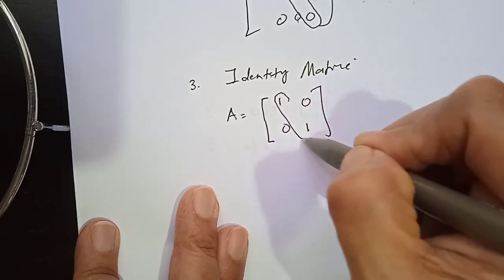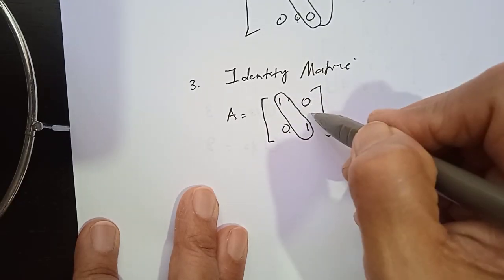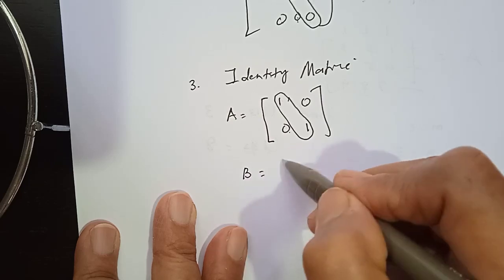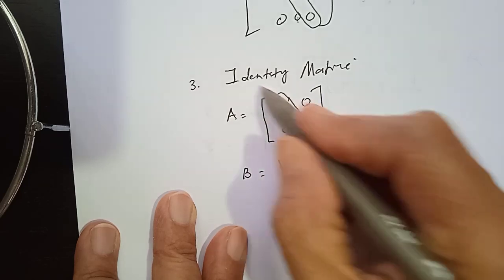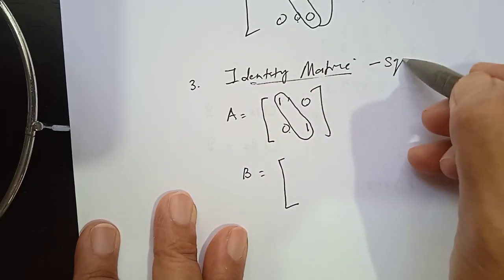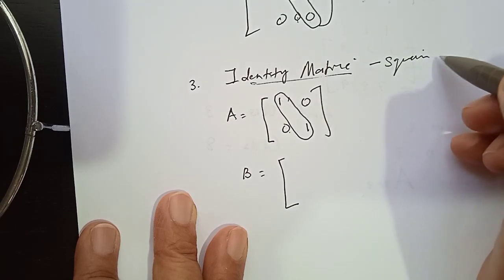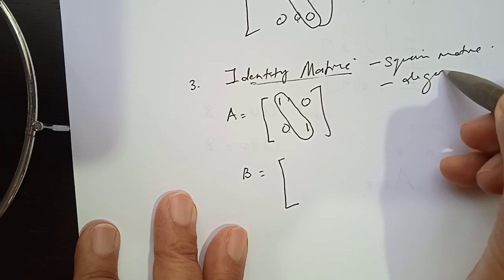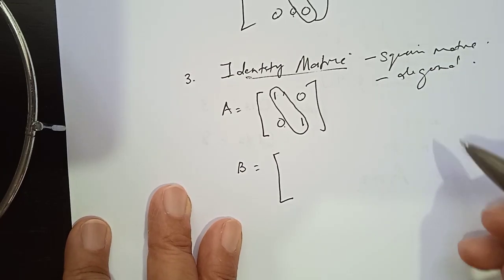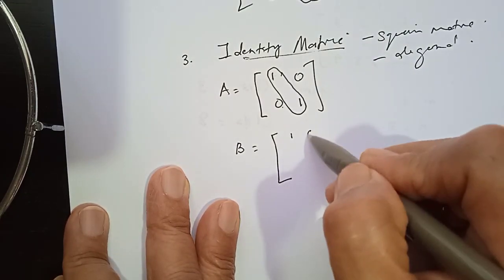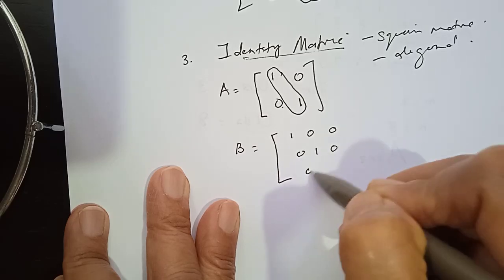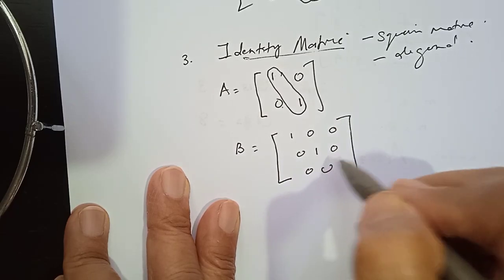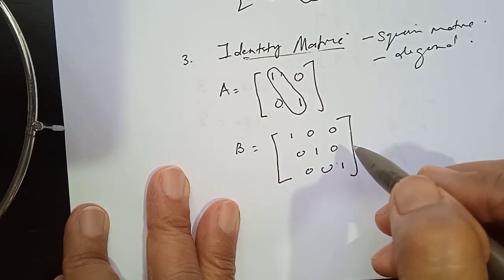The diagonal part must be 1, and elsewhere is 0. Another example. Identity must be a square matrix first, square and diagonal. 1, 0, 0, 0, 1, 0, 0, 0, 1. This is also an identity matrix.